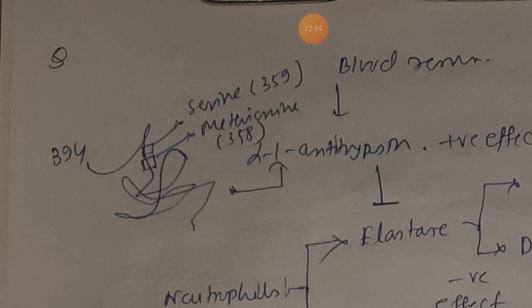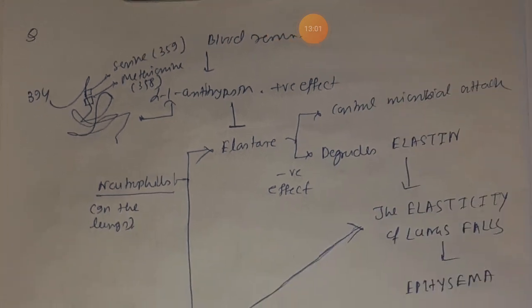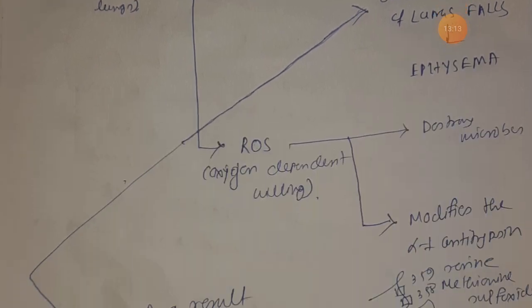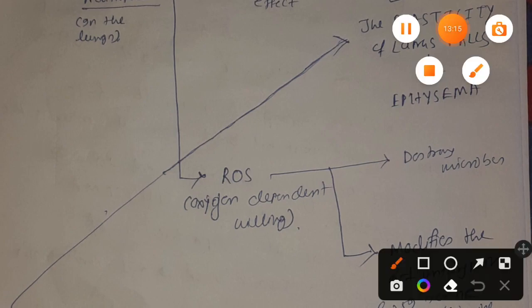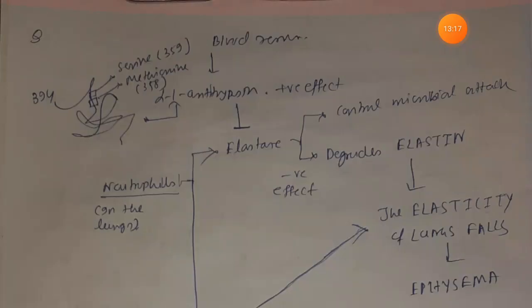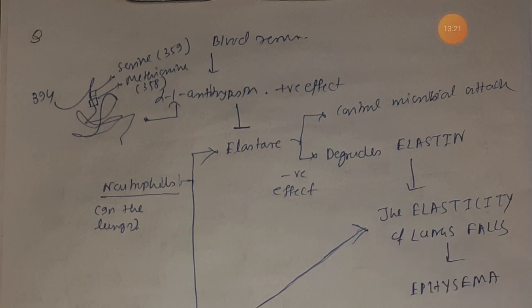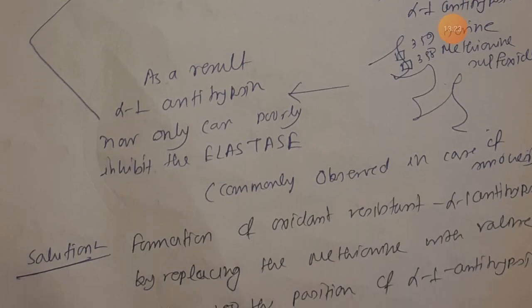The utility is, this oxidant resistant alpha 1 antitrypsin can inhibit the elastase, okay, as it did earlier, right? But here the utility is, now the reactive oxygen species no longer modify the alpha 1 antitrypsin, because the reactive oxygen species only have affinity for methionine.